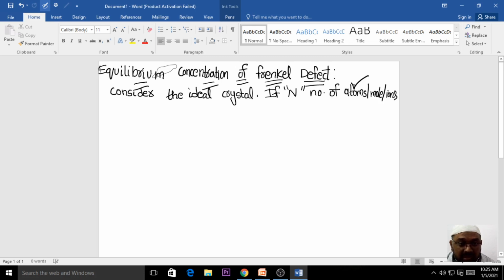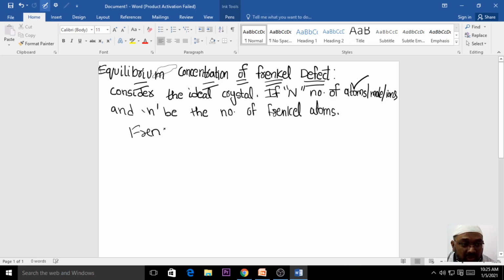For our instance, we'll go for N number of atoms, and small n be the number of Frenkel atoms.